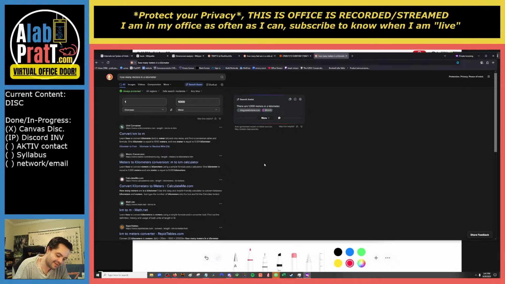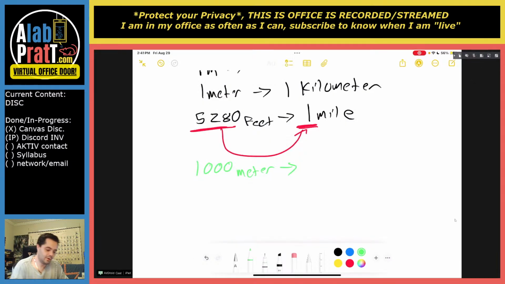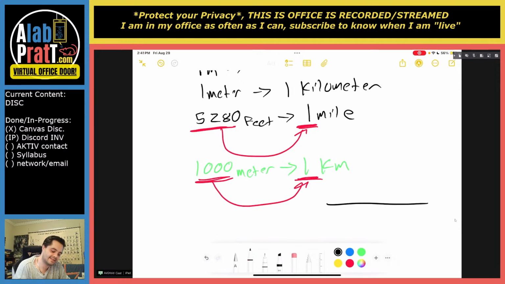The nice thing about the SI system is it is 1,000 meters in 1 kilometer. Notice how this is a base 10 thing, and you might be asking yourself, does this work in a lattice? Yes, it does.